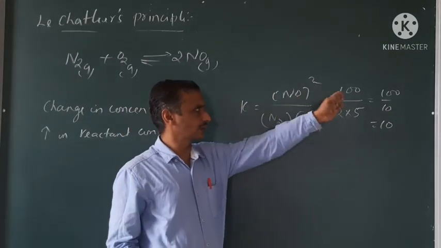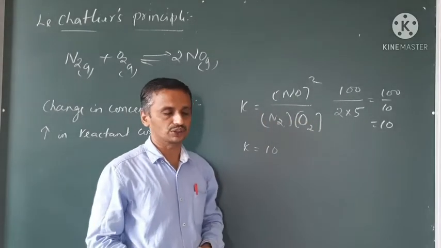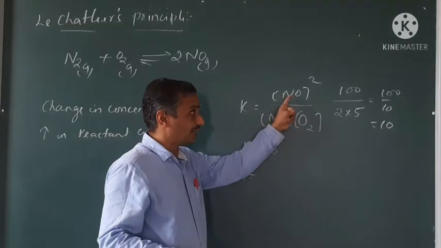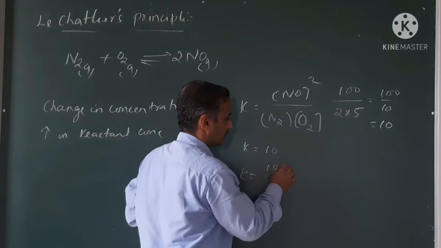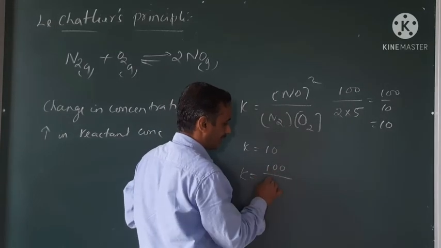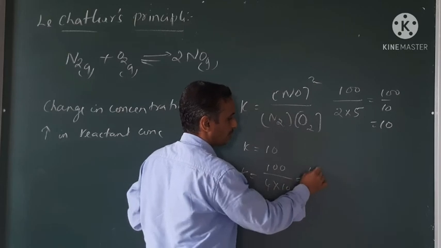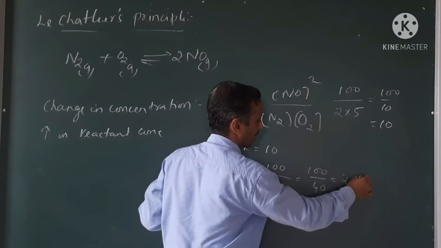NO concentration was 100, N2 was 2, O2 was 5, say equilibrium concentrations. What I do is I will not change the product concentration, only the reactant concentration. Product concentration is 100 only. When I double the reactant, 4 into 10 is 40, so 100 by 40 is equal to 2.5.